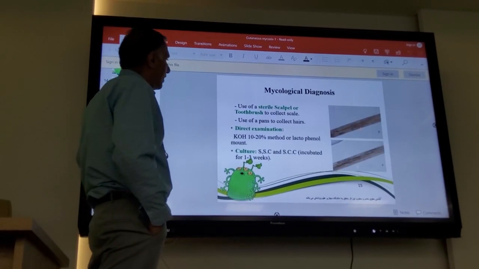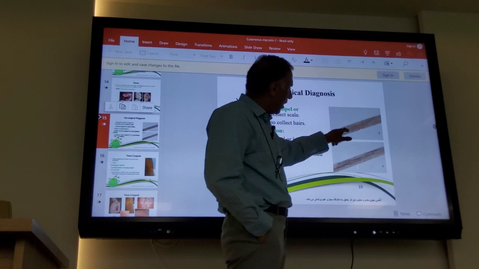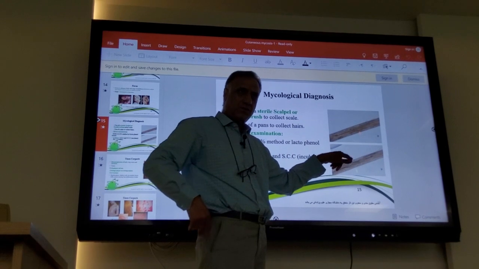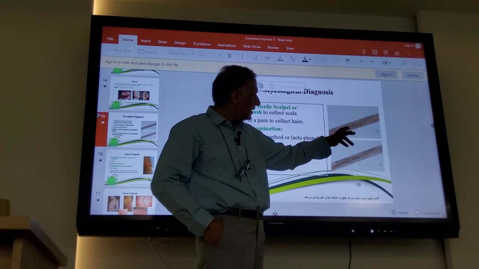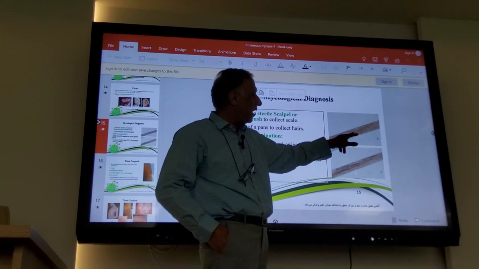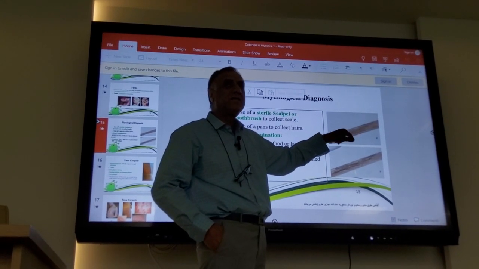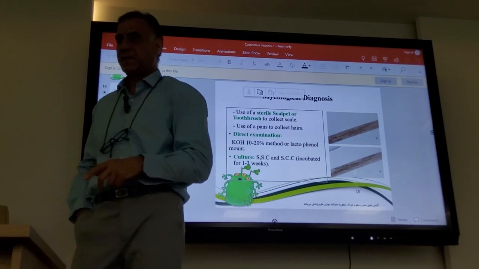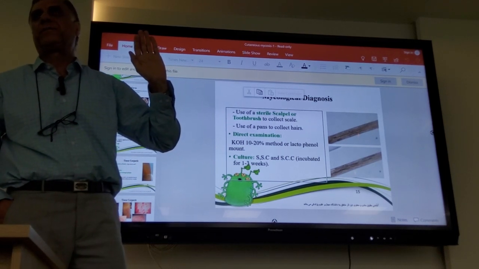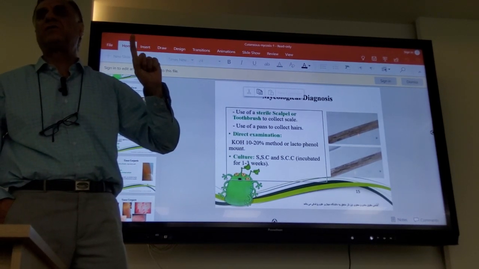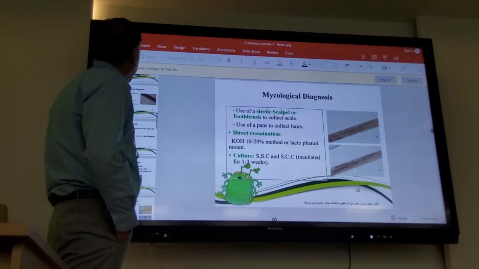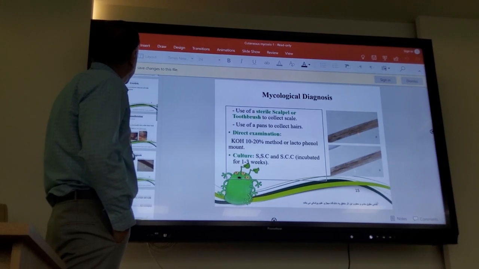And when you see hyphae, you can see the hyphae at a distance. You can see this brown filamentous structure. When you see hyphae or mycelium inside the hair, it is favus. You find this structure in microscopic examination.